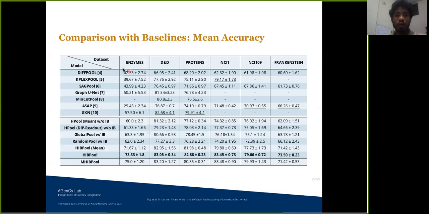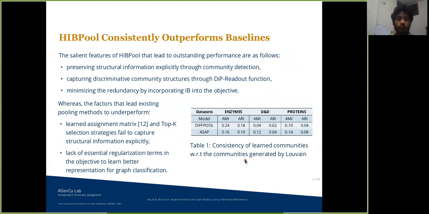Here is the result of our experiment, and we can see that our HIBPool consistently outperforms all baseline approaches in all datasets by a significant margin. Because our HIBPool can preserve the structural information explicitly through community detection, and can capture discriminative community structure through the deep readout function, and it is also able to minimize the redundancy by incorporating IB into the objective function.